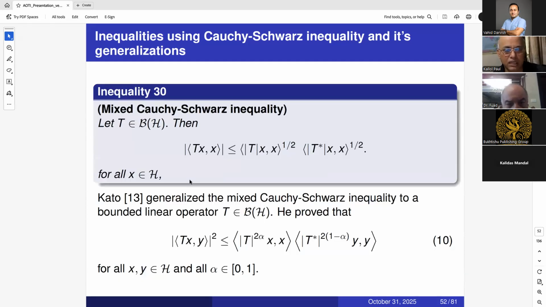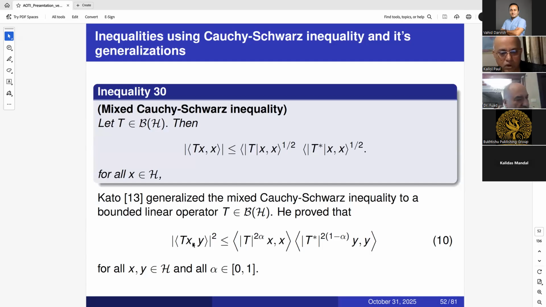And then there is another famous inequality, which is more or less the Cauchy-Schwarz inequality developed for operators. If T is a bounded linear operator, then |⟨Tx,x⟩| is less than or equal to ⟨|T|x,x⟩ to the power half times ⟨|T*|x,x⟩ to the power half.